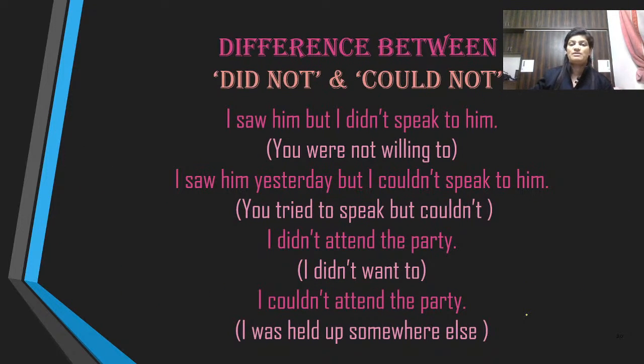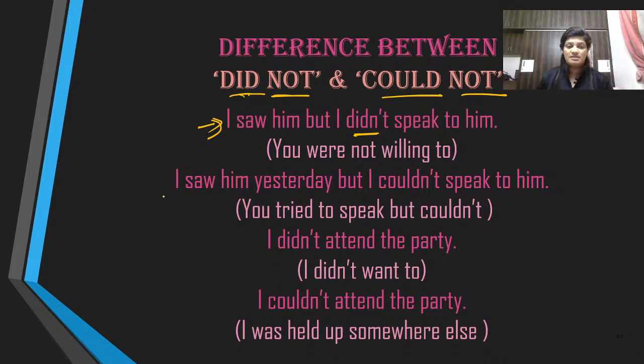Now let us talk about the difference between did not and could not. Let us take the first example. I saw him, but I did not speak to him, or I didn't speak to him. Here, this is the usage of did not. Focus on that.